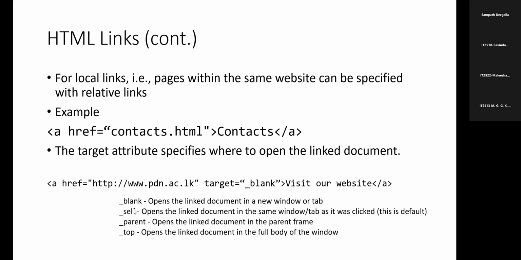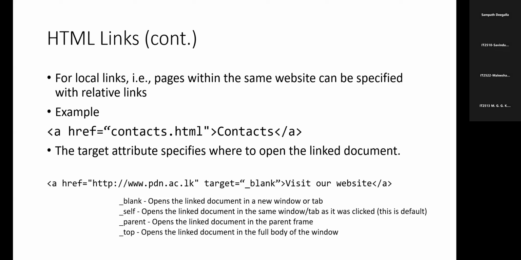And these are the values that you can use. Let me focus on the first two. In the previous case, we have seen when you click it, it loads in the same window, same tab. So this is the default. Default means if you do not specify target, this is what will happen. But if you need to load it in a new window or a tab, then use underscore blank.